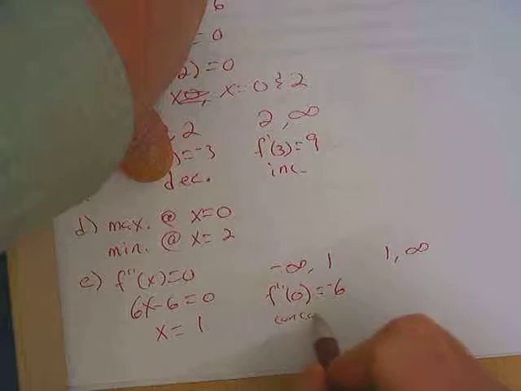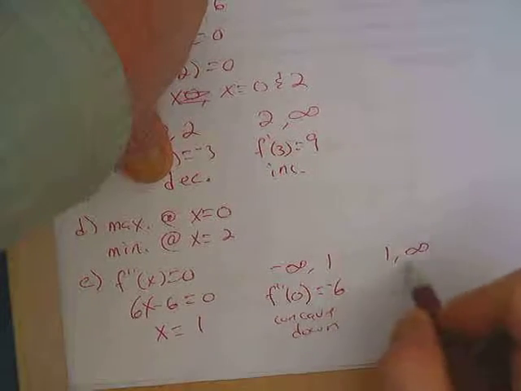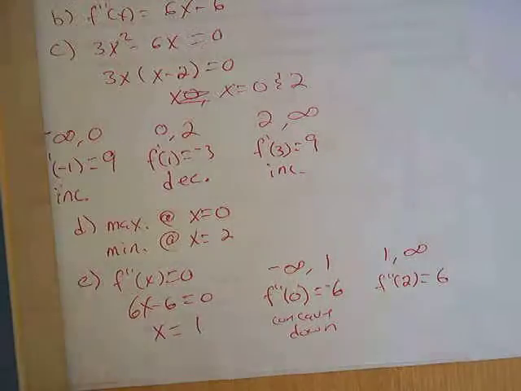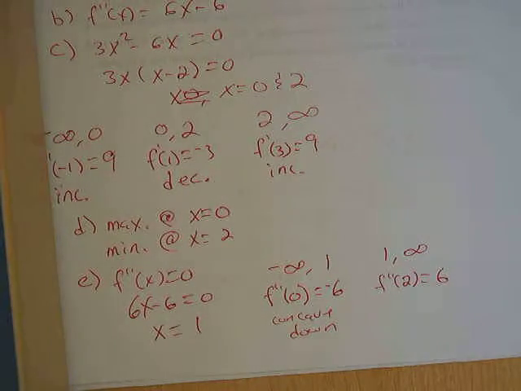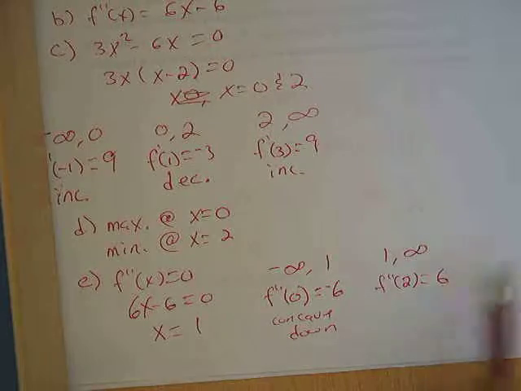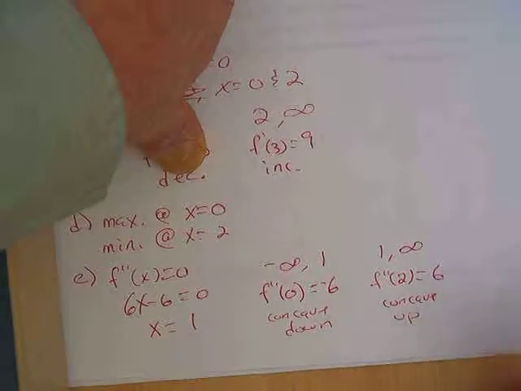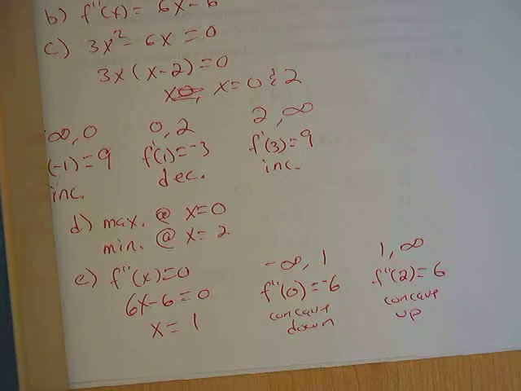So does that mean concave down or concave up? Concave down. And here I'm going to use f double prime of 2. That's going to equal positive 6, I do believe. And if it's positive, then concave up. And there's our answer to E.